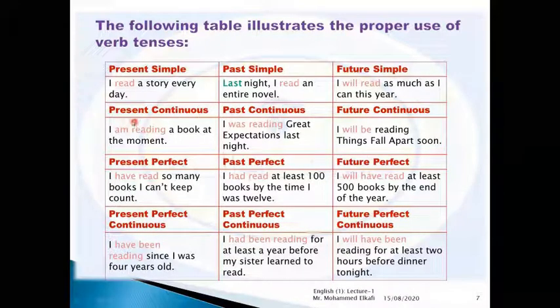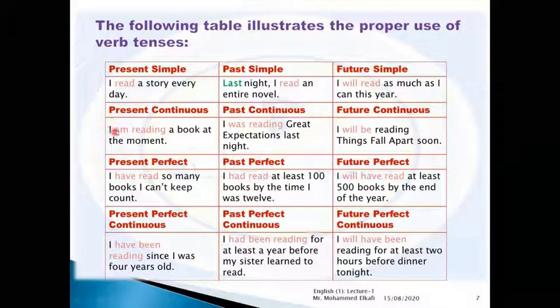And we use it with now, at this moment, or some other markers. So when we find I as a subject, we should use what? Am plus verb plus ing. In case the subject is he or she or it, we should use is plus verb plus ing.